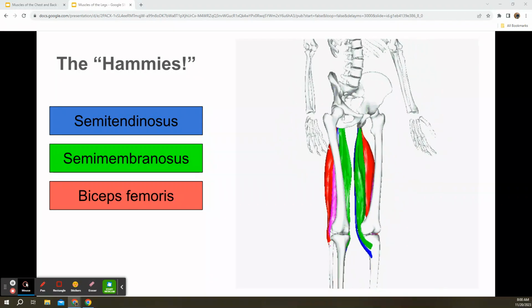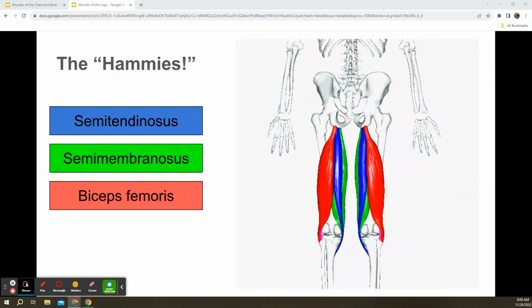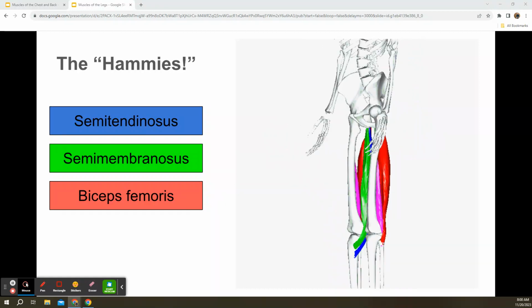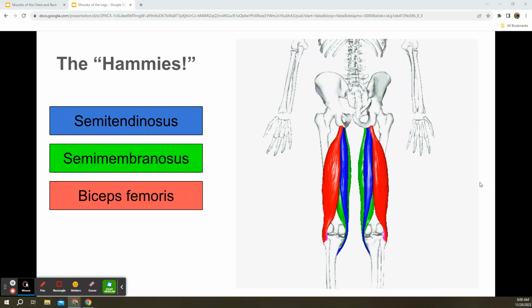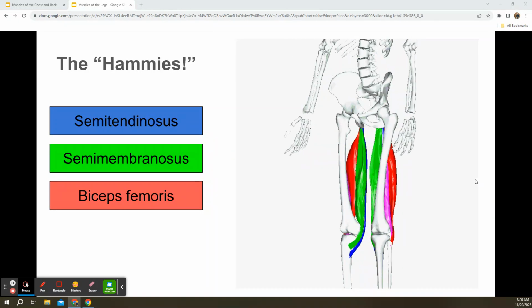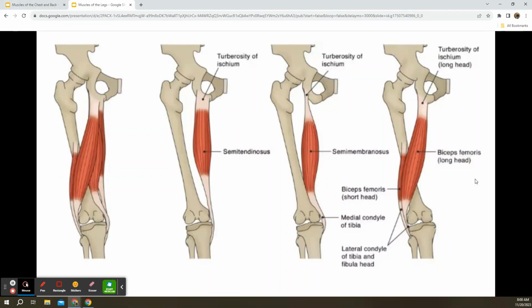It also helps flex the knee and extend the thigh. Collectively, they all serve the same similar overall functions. There is that tuberosity of our ischium that we are referring to here.